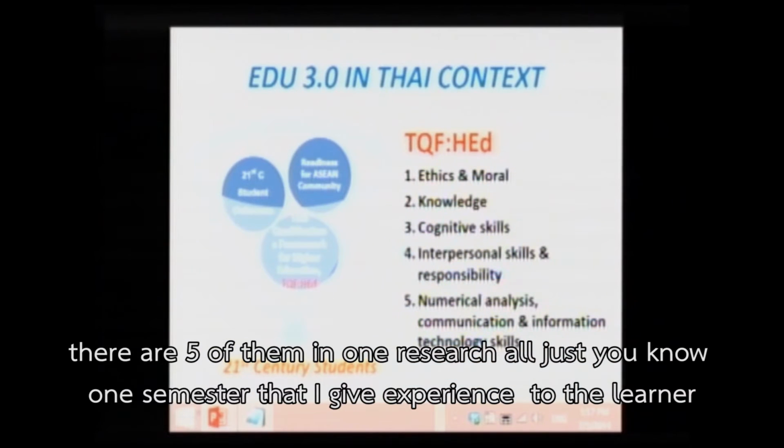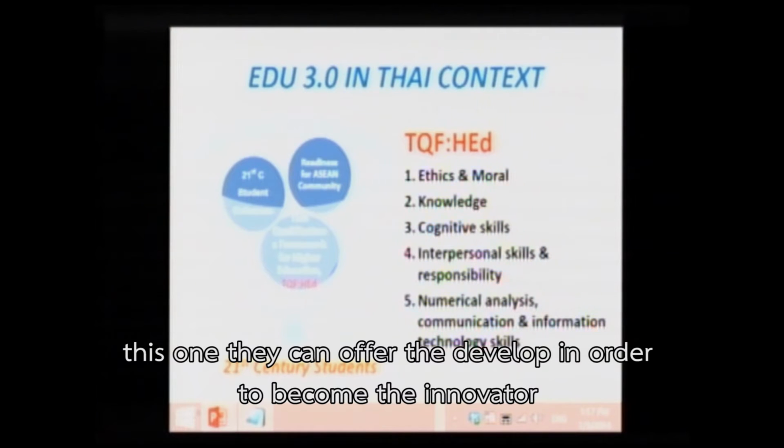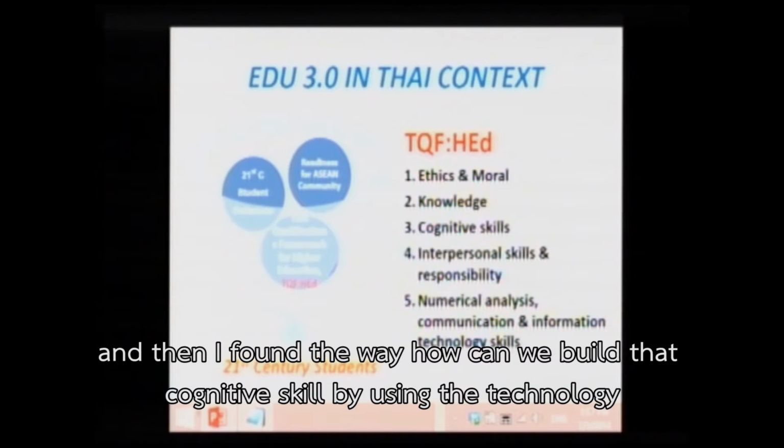There are 5 of them, and in one research or just one semester that I give experience to the learners, I may not be able to do all. But I select the cognitive skills because I feel that they can further develop this one in order to become innovators. So this cognitive skill will be the dependent variable in the research study, and then I find a way how we can build that cognitive skill by using technology.